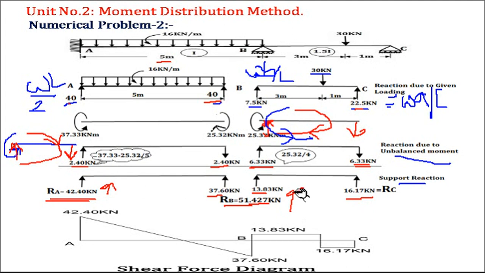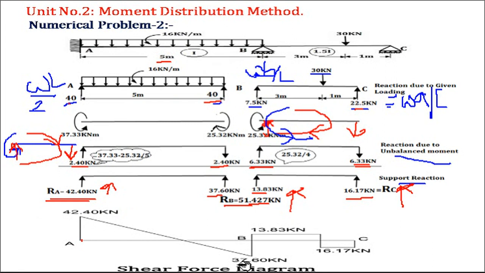Now the next step is to draw the shear force diagram. All the reactions are acting upward. First draw the horizontal line ABC. At point A, the reaction is 42.4, upward, so here we show the value 42.4. Now portion AB is loaded by a uniformly distributed load, so plus 42.4 minus 16 into 5.